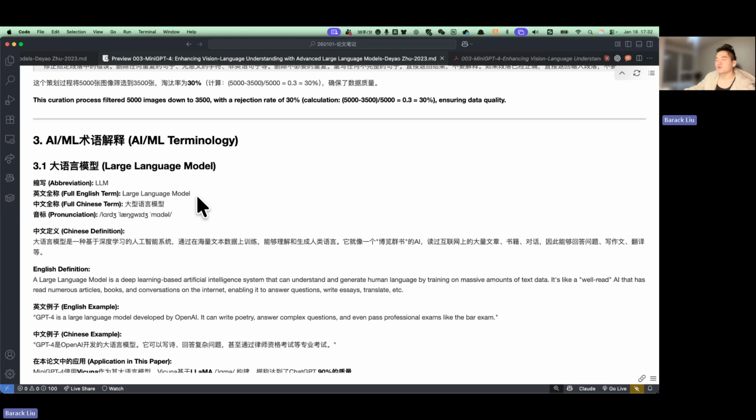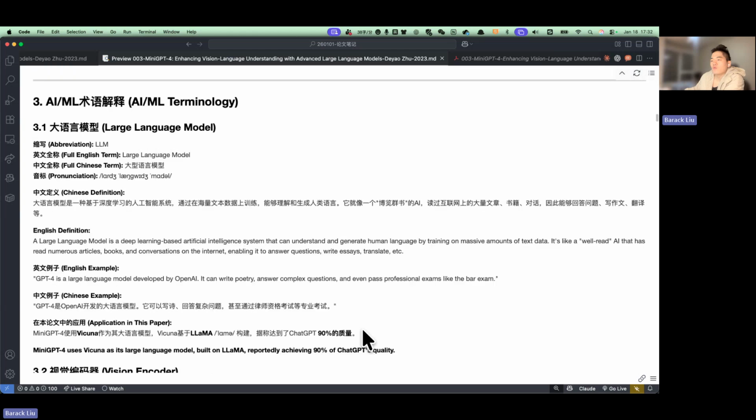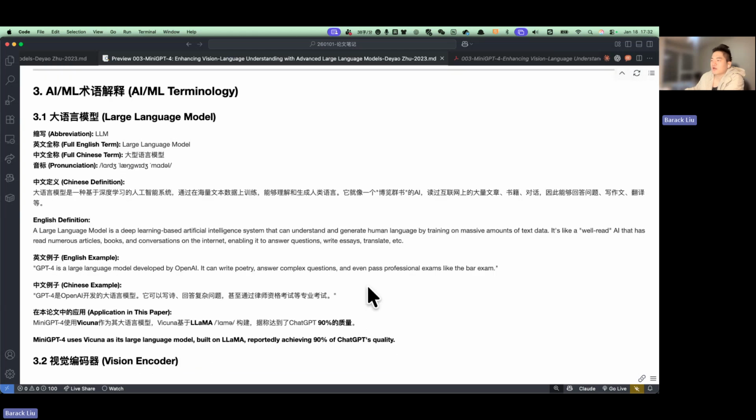LLM, large language model. A large language model is a deep learning-based artificial intelligence system that can understand and generate human language by training on massive amounts of text data. It's like a well-read AI that has read numerous articles, books, and conversations on the internet, enabling it to answer questions, write essays, translate, etc. For example, GPT-4 is a large language model developed by OpenAI.